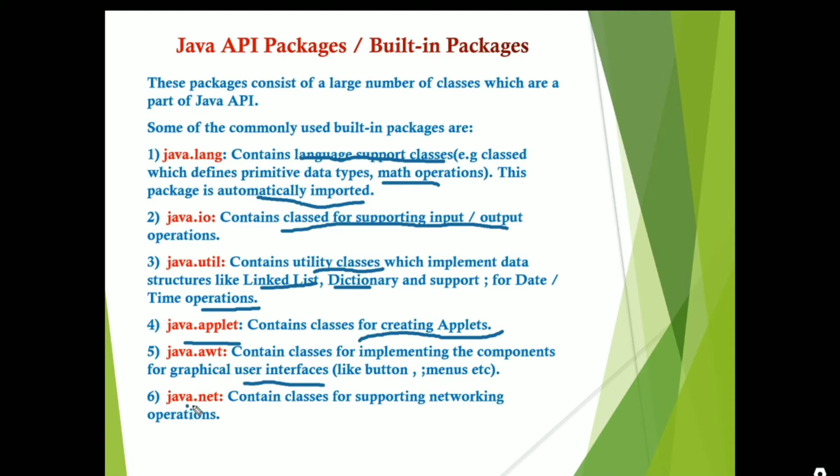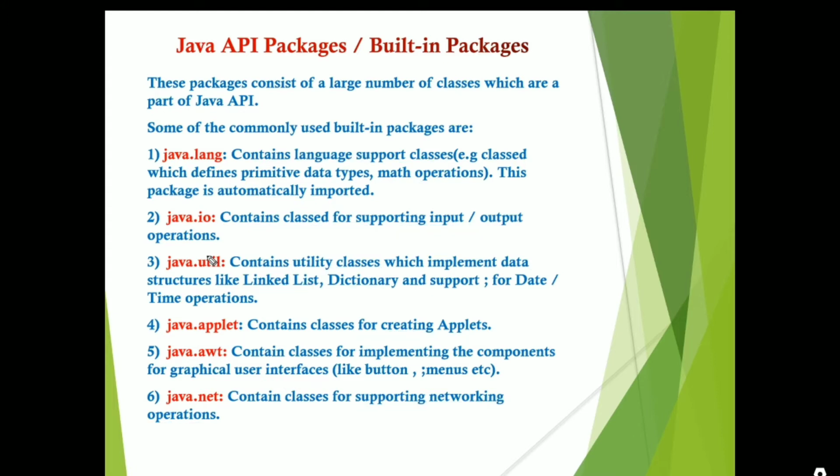And java.net, which contains the classes for supporting networking operations. If you need to use networking operations, we need to use the java.net package. These are some of the built-in packages which are commonly used when we are programming.